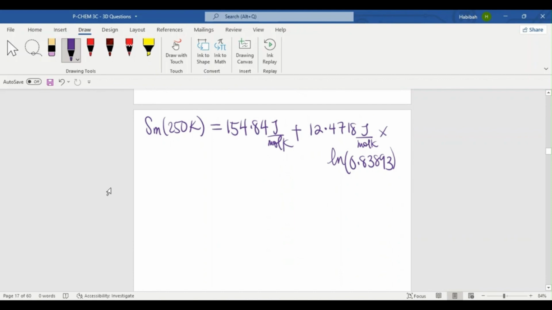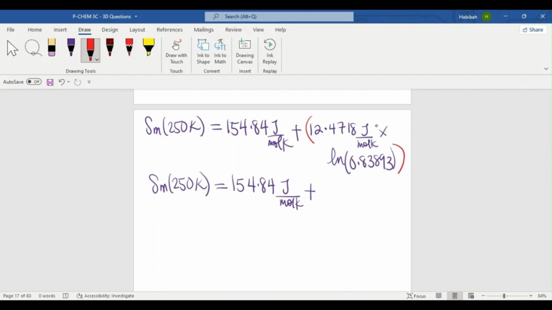So we have SM for 250 Kelvin is equal to 154.84 joule per mole Kelvin plus 12.4718 joule per mole Kelvin times ln 0.83893, which is simply negative 2.1904 joule per mole Kelvin.